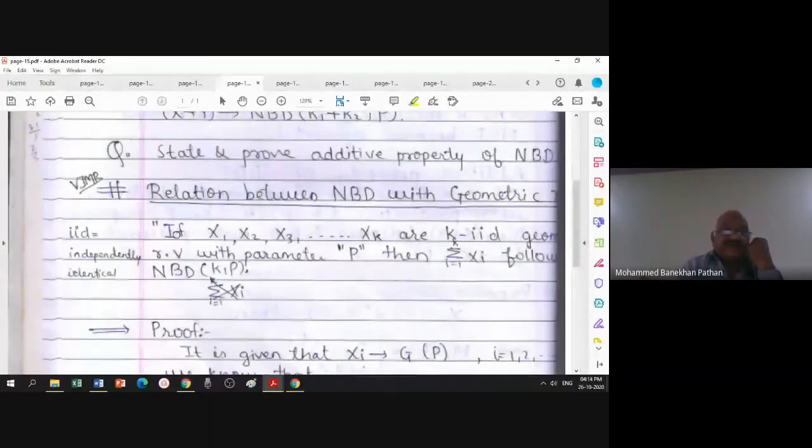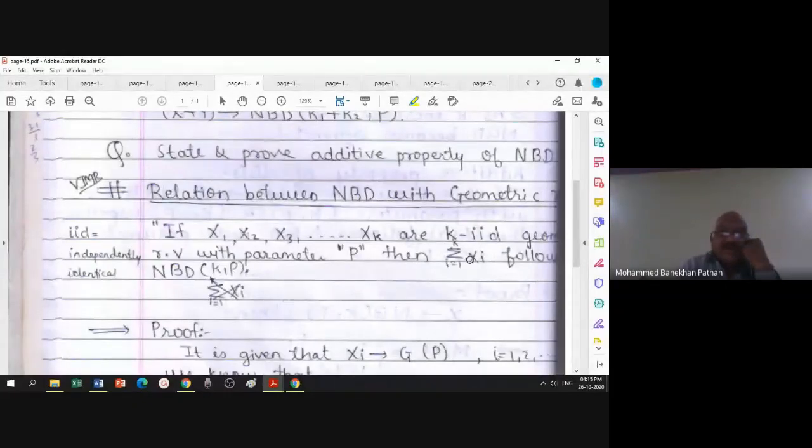If X1, X2, X3, up to Xk are k IID geometric random variables with parameter small p, then summation Xi is not geometric. The sum of geometric follows negative binomial distribution with parameters k comma p.